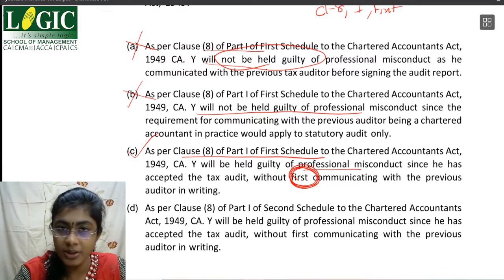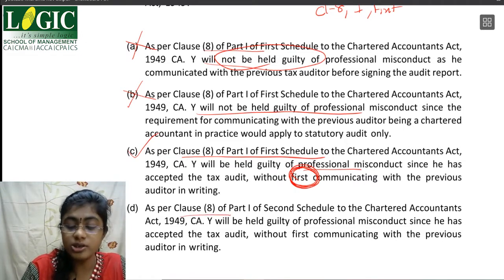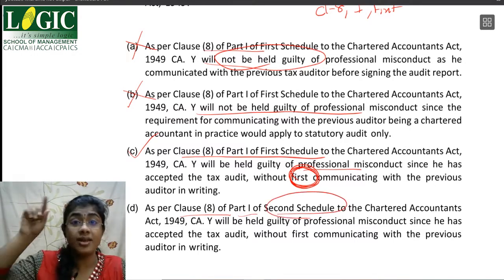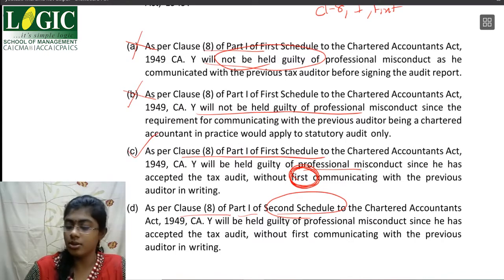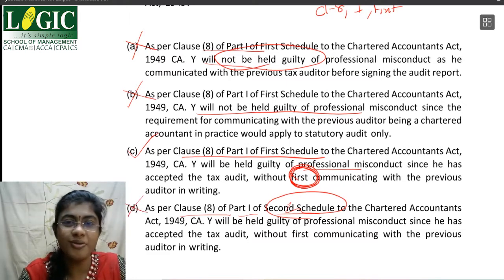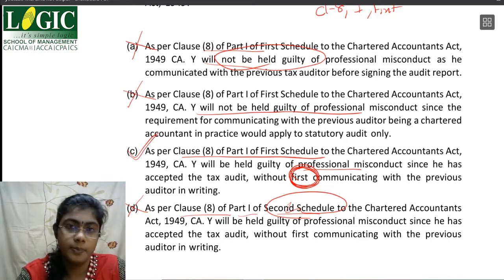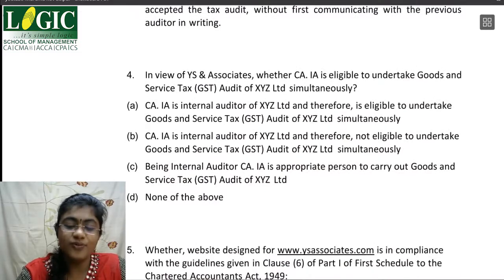So C seems to be the right option, but we'll read D also. As per clause 8 part 1 second schedule, expressing opinion without obtaining sufficient information. It's not communicating. So because of that second schedule, it's wrong. We need not read further. So the answer would be C. Okay. Moving on to the fourth question.